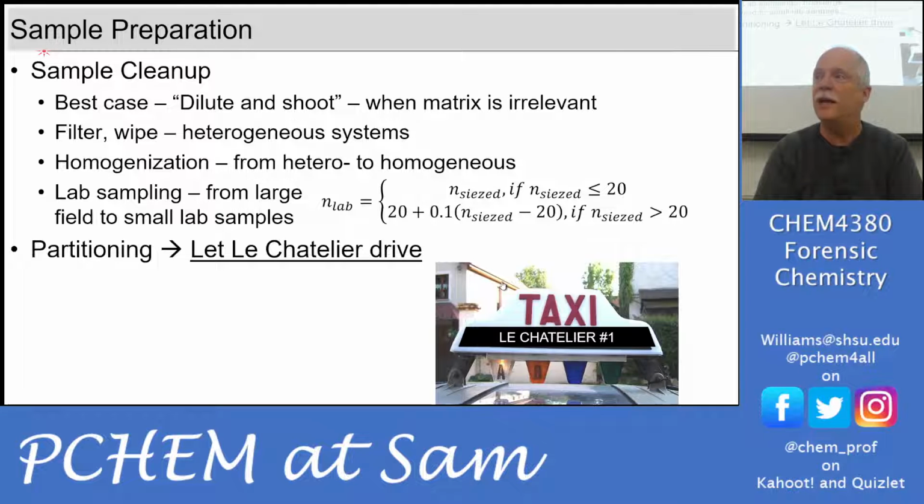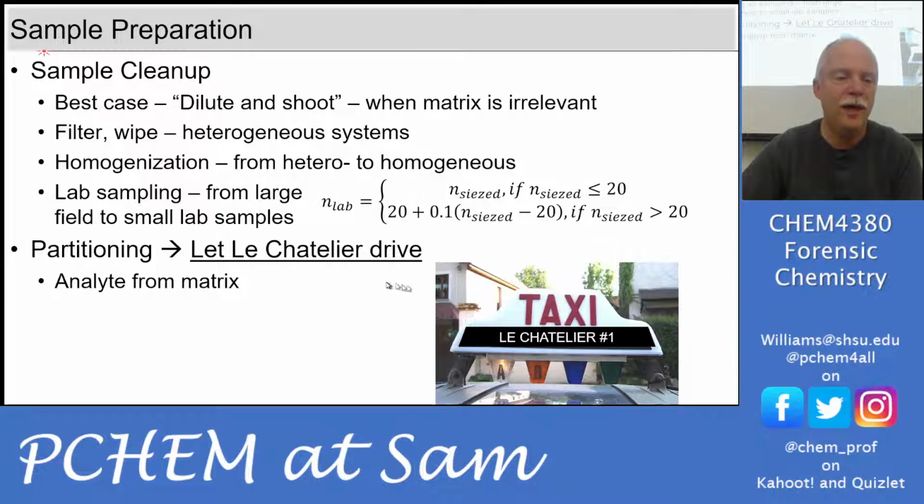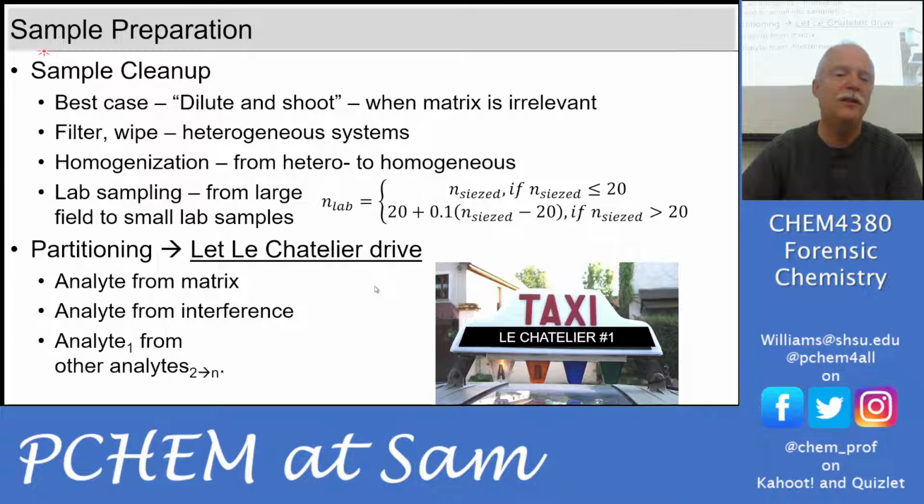So we tell pH where we want to go. If we want to go to the products and we have an acid or a base, we can tell the driver we want to go to the products, and the driver will pick the associated pH and get us all the way over there. So this is to separate our analyte from the matrix or from interferences, or analyte number one from other analytes.